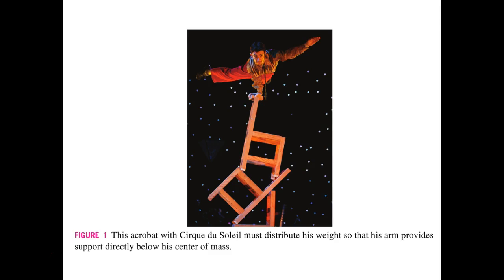So notice where he's putting his other arm and spreading his legs. He's keeping his center of gravity right over that point of contact, okay? And believe it or not, you can do that. I can't do this. But that's because I don't have that strength in that arm. But that's indeed what he's doing. That's what we're talking about, center of mass.